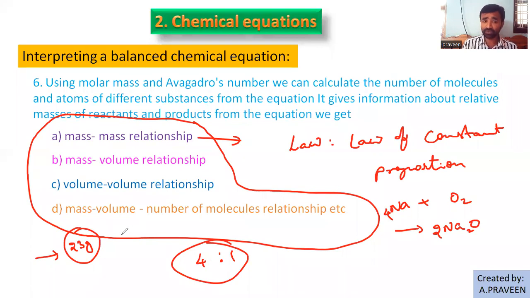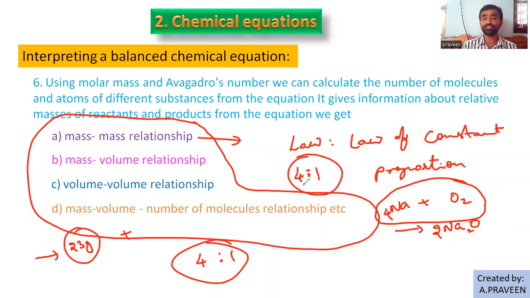Will it react with any amount of oxygen? Oxygen is available in a larger amount in the atmosphere. Will it react with that much oxygen? No. It will react with the amount that satisfies this law of proportion concept. So a 4:1 ratio, only that it will allow, right?